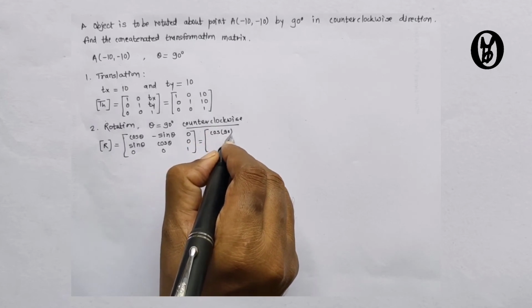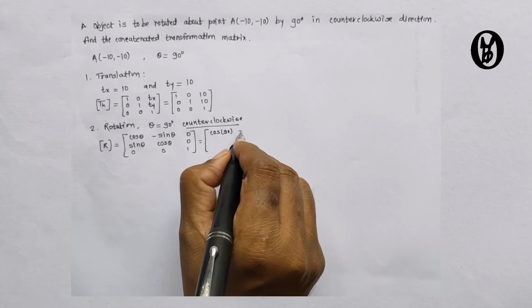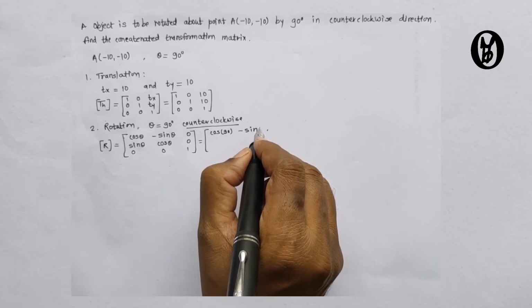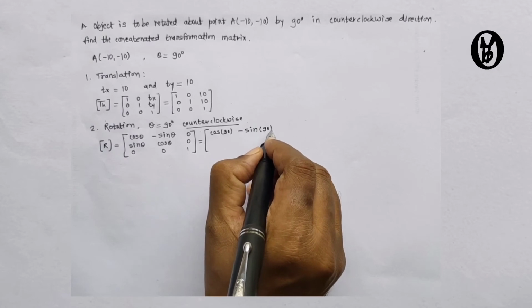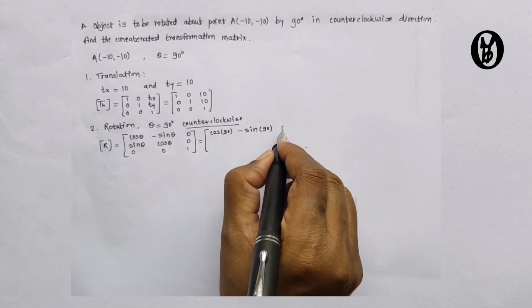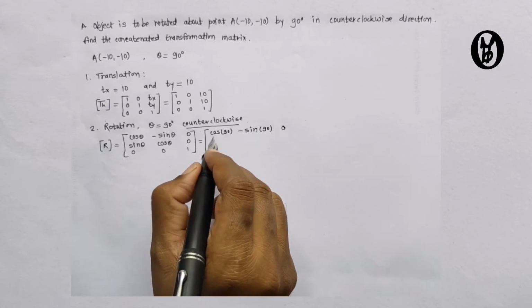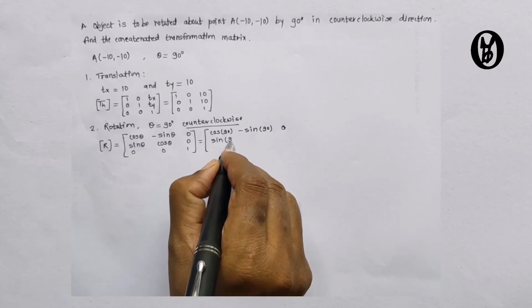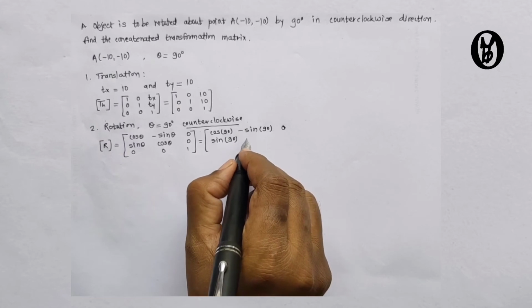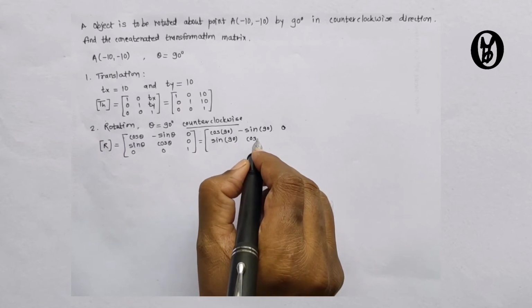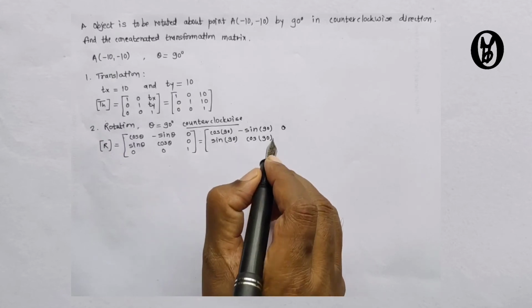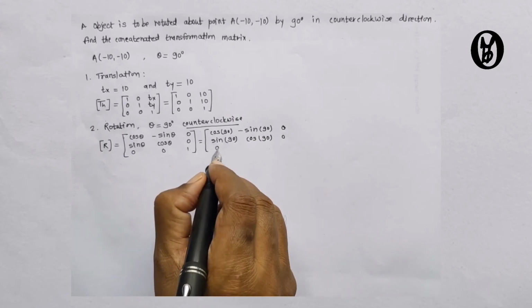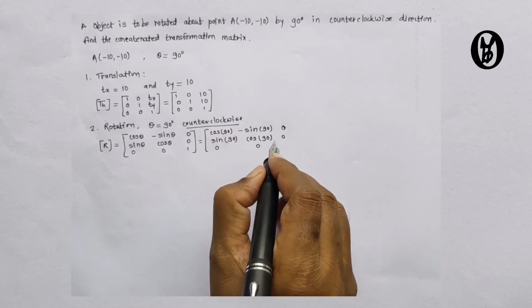Cos 90, minus sin 90, 0, sin 90, cos 90, 0, and third row 0, 0, 1.